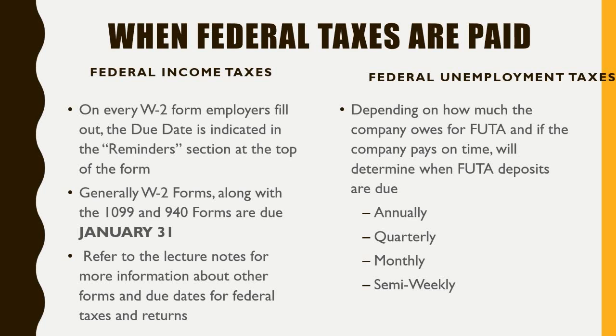Okay, so again, it's scheduled based on how much money you owe, how many employees you have, and especially how large your company is. Okay, a lot of smaller businesses are more likely to get away with either monthly payments or even quarterly payments.